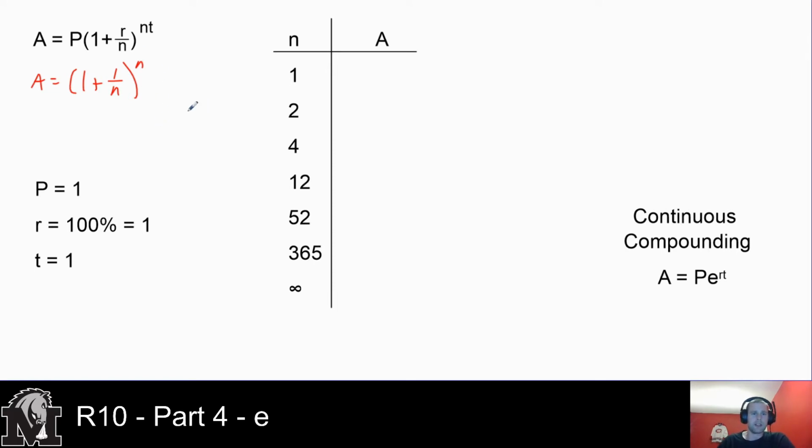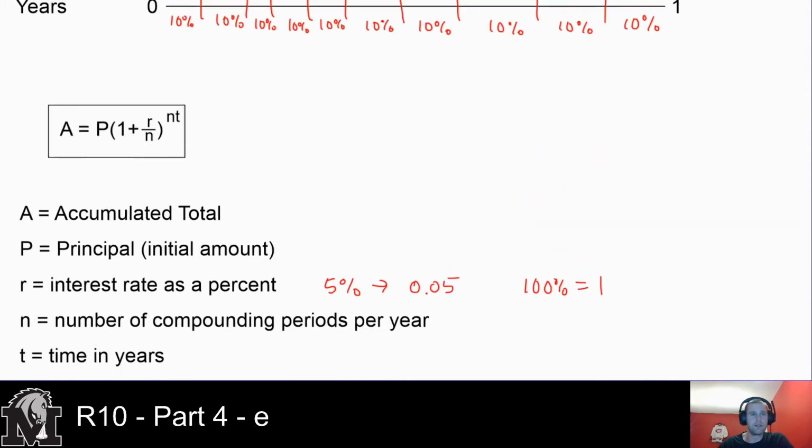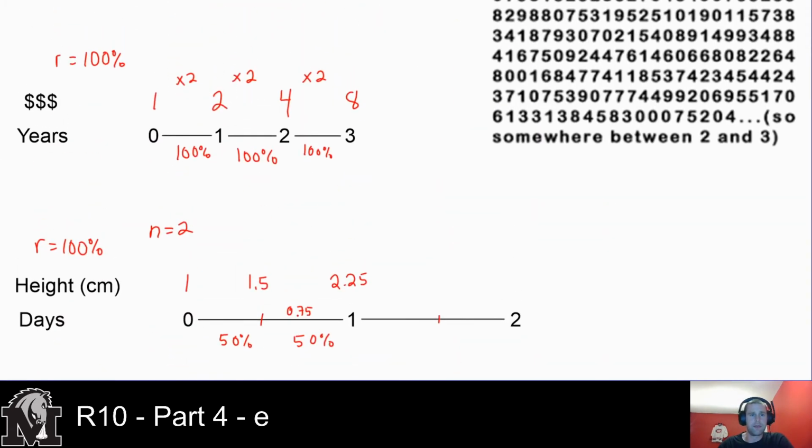And the reason I'm doing this is I want to test to see how much I can make by dividing up N into different amounts. We've already done N as 1 because that was the very first example I gave, where 100% interest and just one compounding period per year.